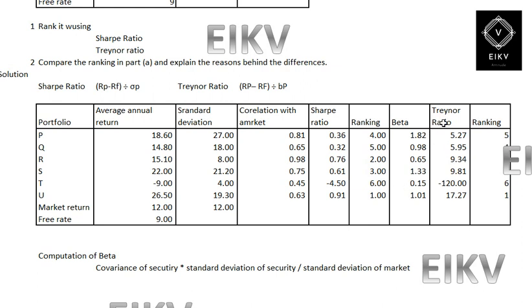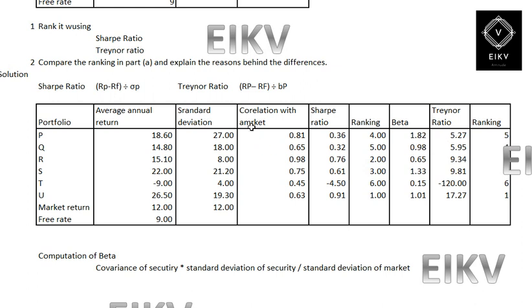Then next one we need to find the beta. So the formula for the beta would be correlation multiplied by standard deviation of the security divided by standard deviation of the market. For that we have the correlation over here and standard deviation of security. Therefore 27 multiplied by 0.81 divided by standard deviation 12 will give you the beta of 1.81.